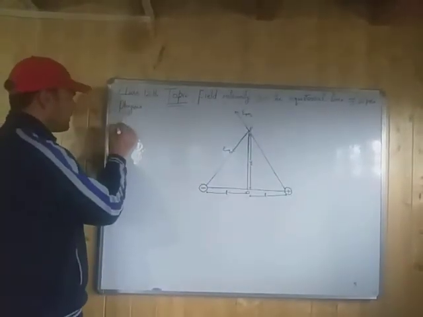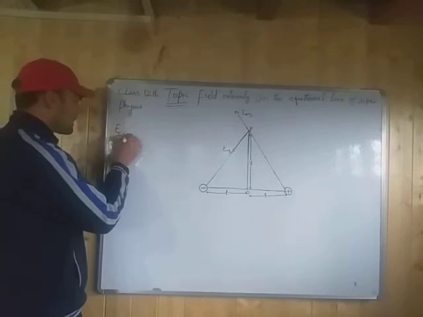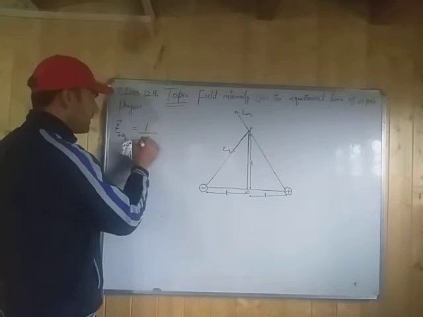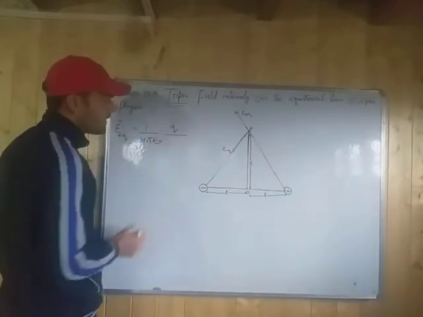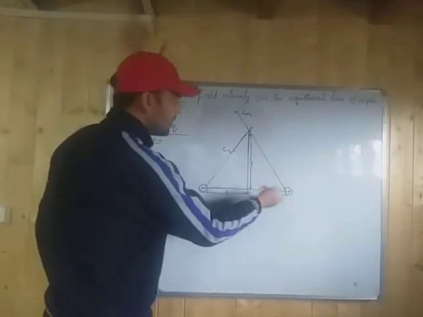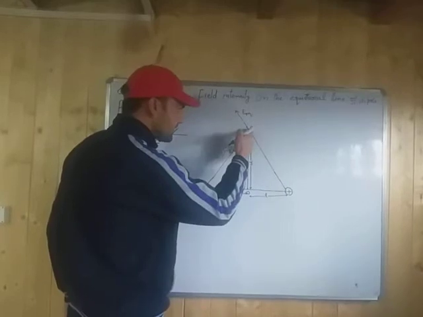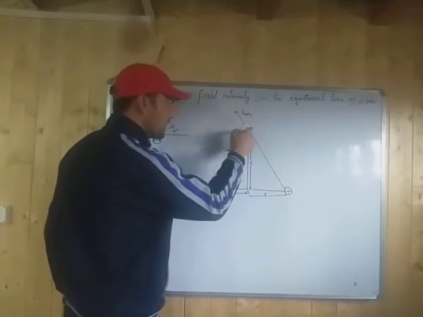So this will be written in this way: E plus Q is equal to 1 divided by 4 pi epsilon naught, Q divided by the square of the distance between the positive charge and this point P, where a small positive test charge is placed.